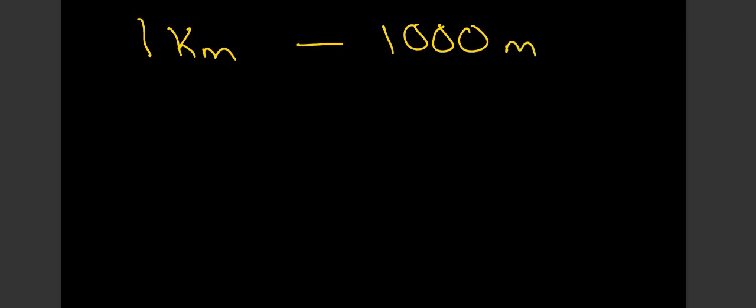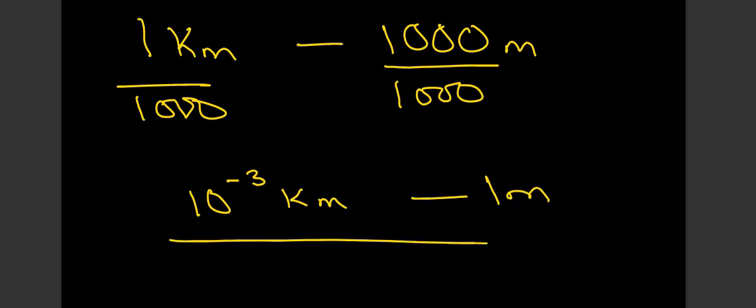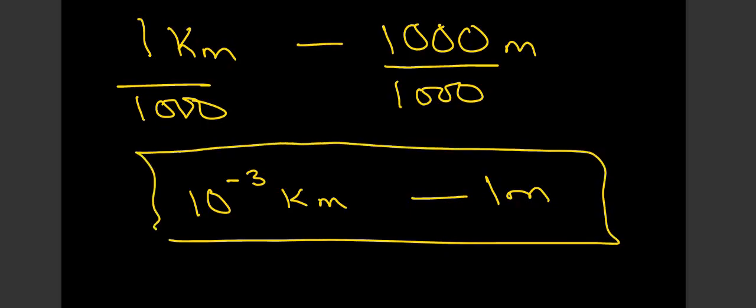So now, what about if I divide this side by 1,000 and I divide this side by 1,000, and I'll tell you to say 10 to the power negative 3 kilometers is equal to 1 meter. Is this still okay? It's exactly the same thing that happened there.